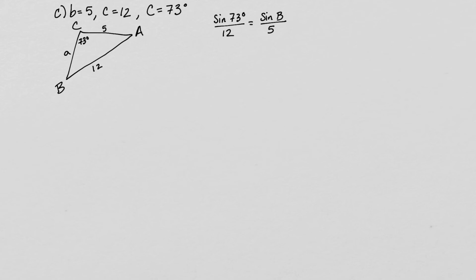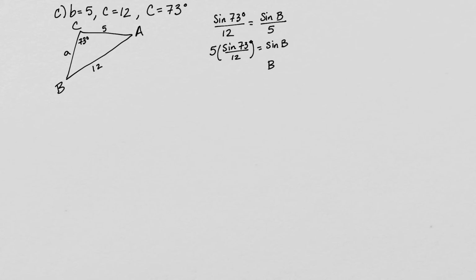I need to find B, so you could cross multiply. I'm just going to multiply the 5 up because I want to isolate the part that has the B. So 5 times the sine of 73 degrees over 12 is equal to the sine of B.